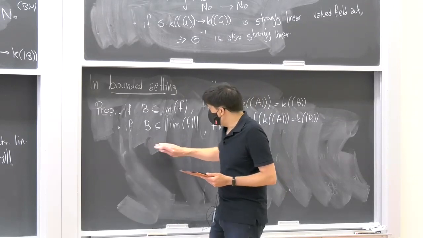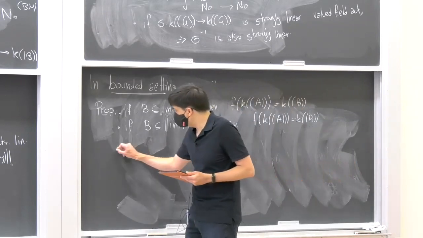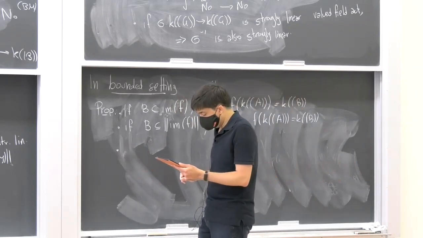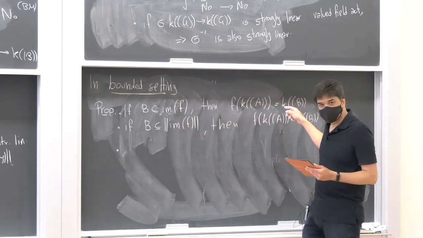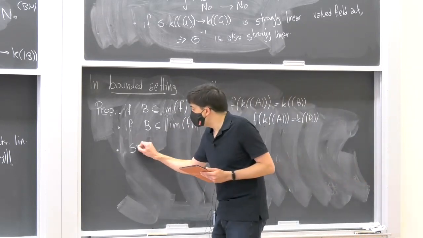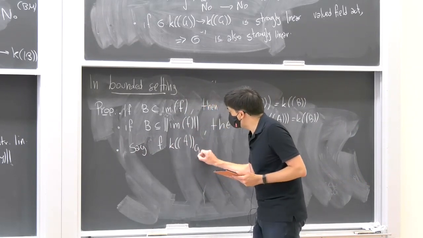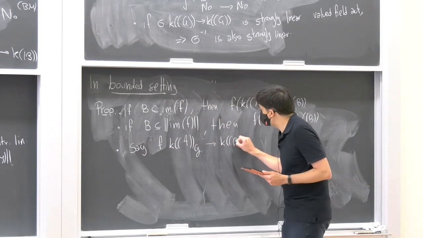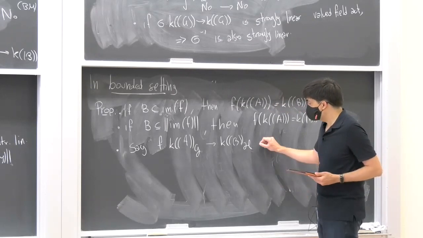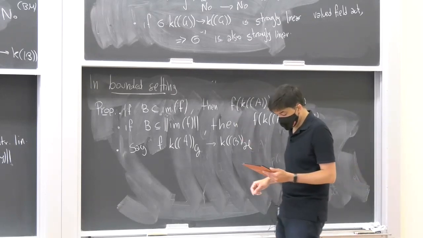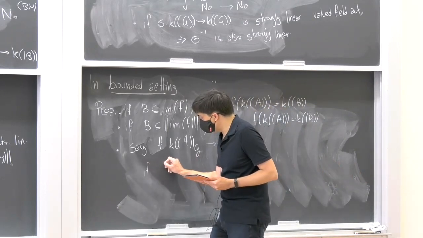Okay. Now, how do I make sense of this in the bounded setting? Well, in the bounded setting it's a bit different, because now the image is not all KB, it's going to be maybe some bounded thing. So say F goes from Ka, and then there is some Bernoulli here, to KB. There is some other Bernoulli here on B, with all the assumptions as before. And then we have a statement that reads like that.